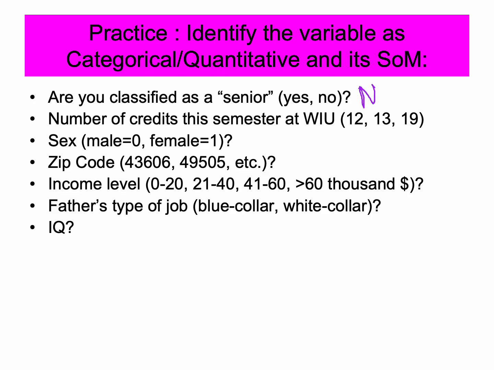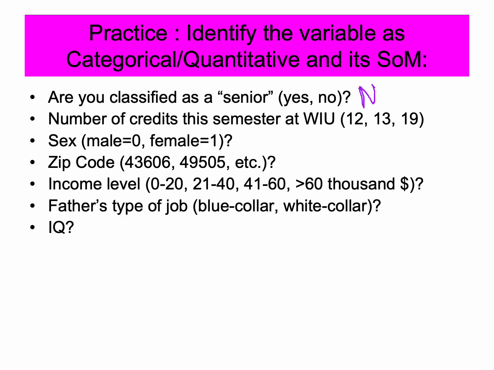The next question, number of credits you're taking this semester. We do know that we're working with quantitative data, right? Because the intervals are increasing consistently between 1 and 2 and 3 and 4 and so on. So consistent intervals.